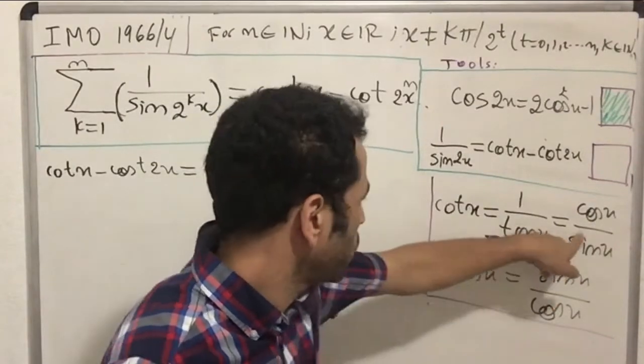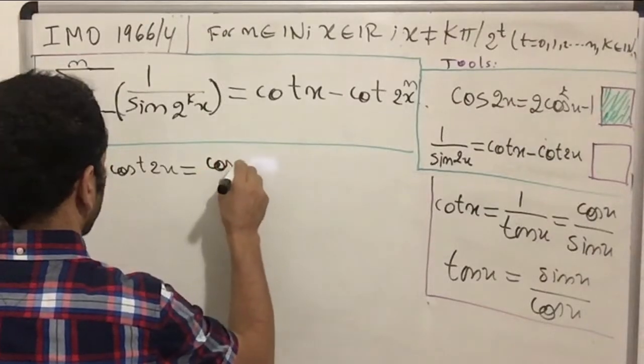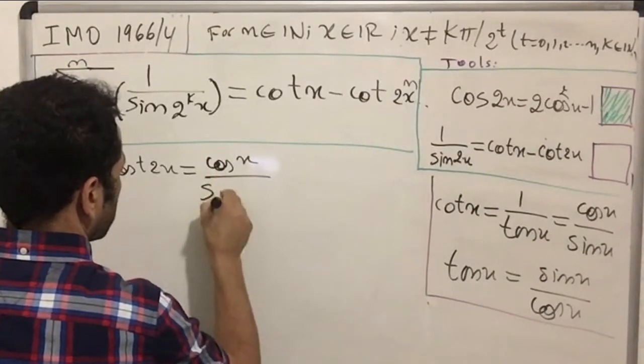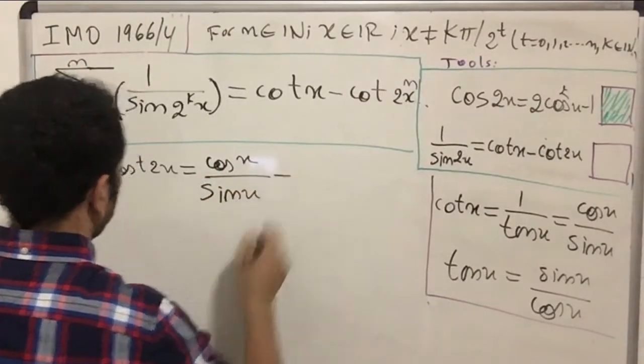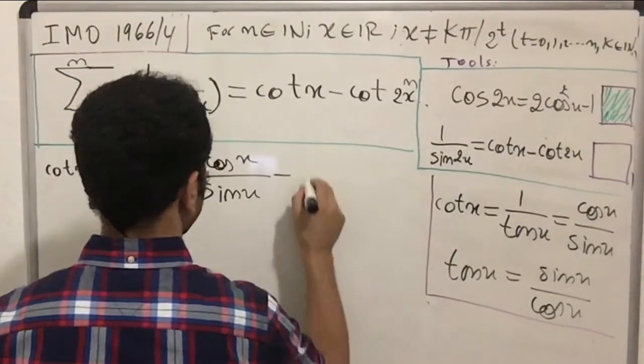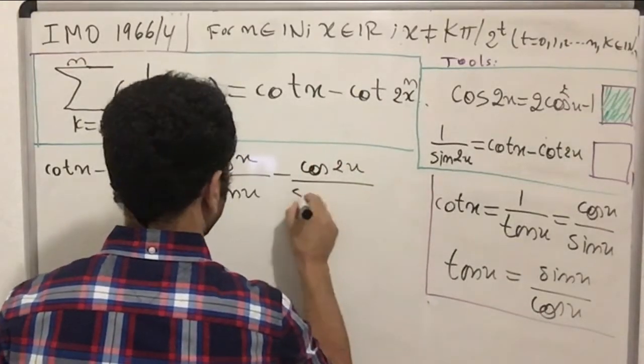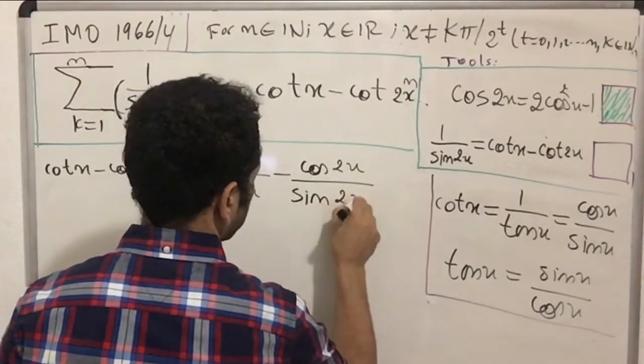I have cotangent x equal to cosine x over sine x. Same thing with cotangent 2x, it will be minus cosine 2x over sine 2x.